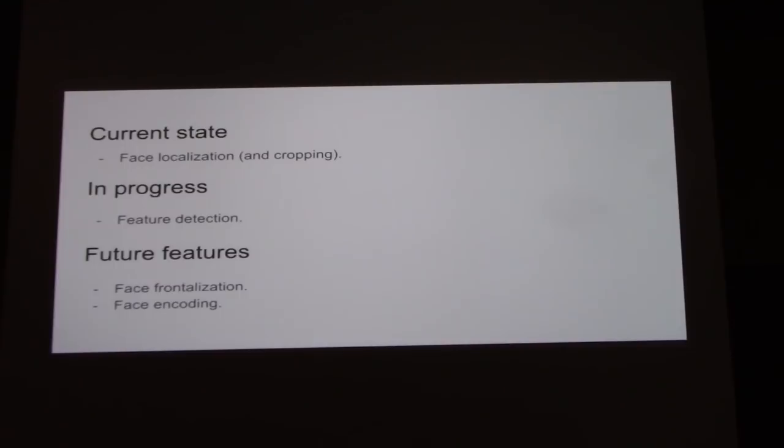After that, the next step will be face frontalization, which is basically if you have a picture of someone giving you the, I don't know how to say it in English, the profile. Yes, you will centralize it so you see it as if they were in front of you.